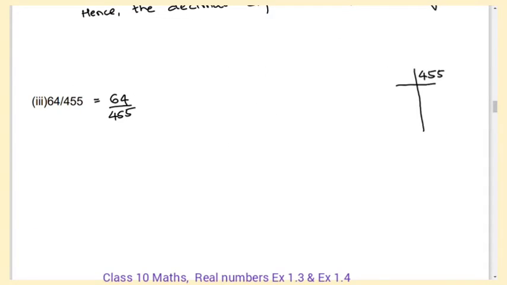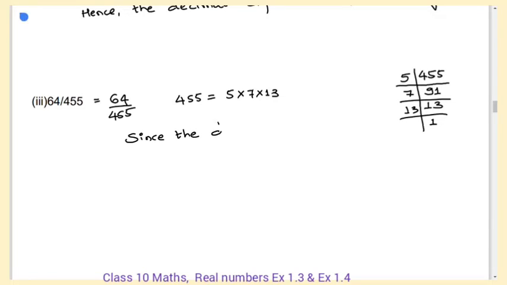Now third one, 64 by 455. Here denominator term 455, you have to do the prime factorization method. There we have got 5 into 7 into 13. Here we have not got in the form of 2 raised to m or 5 raised to n.